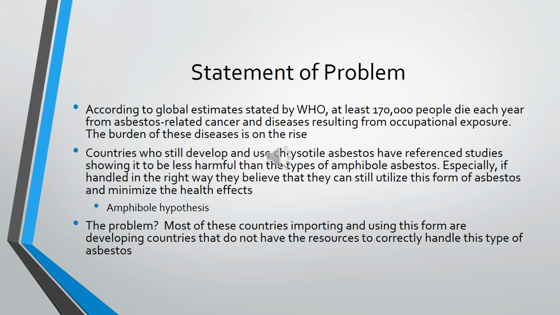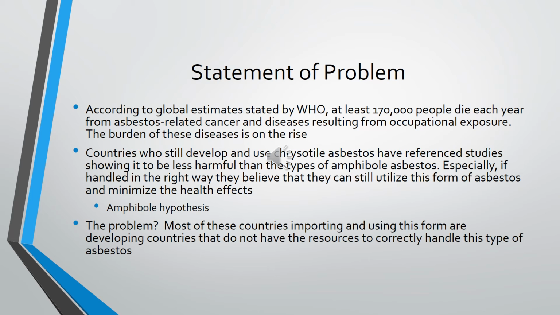So people who are supporters of the use of chrysotile asbestos have come up with this amphibole hypothesis, where it's not chrysotile that is causing these health effects, it's actually amphibole asbestos that is causing these health effects, and that's just due to the fact that chrysotile asbestos can be extracted from the lung faster, and due to the latency periods, people think that it's this amphibole asbestos that's causing these health effects. However, there have been some studies that have disproven this hypothesis.